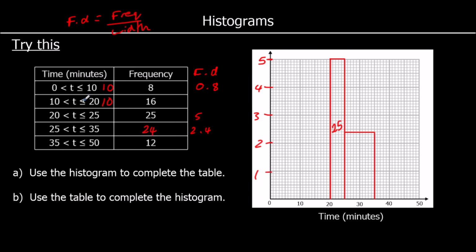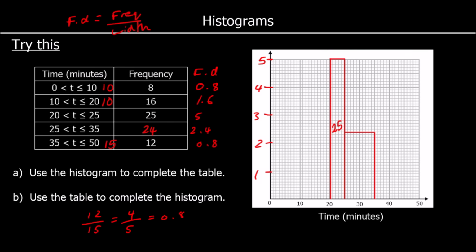The next group is also 10 wide. 10 to 20 is also 10. 16 over 10 is 1.6. And our last group is 15 wide, 35 to 50. Its frequency is 12. So its frequency density is 12 divided by 15, which is the same as 4/5, which is 0.8.